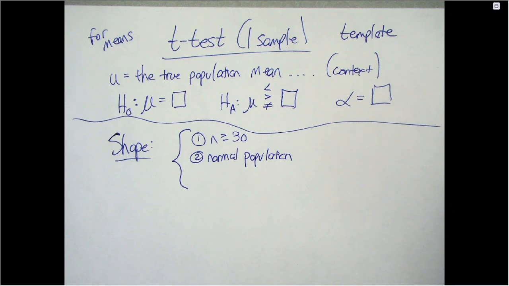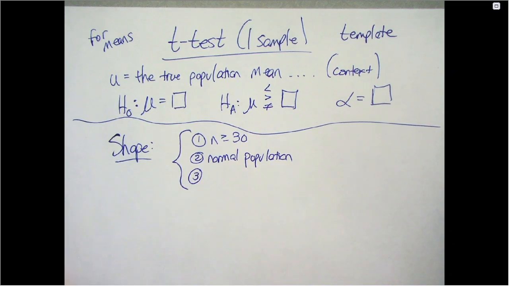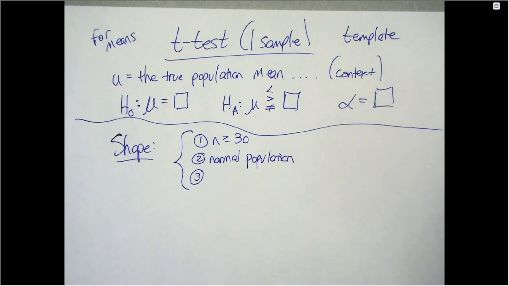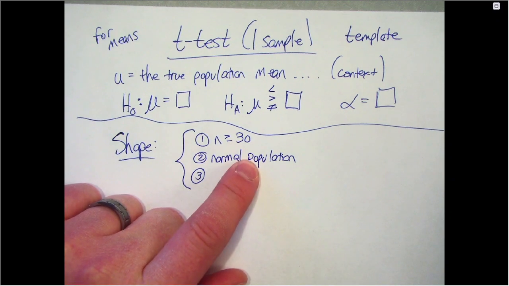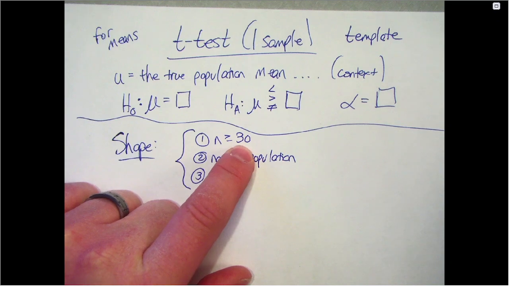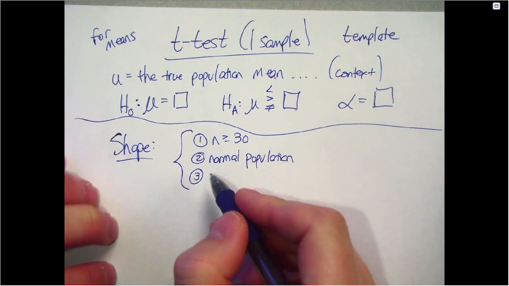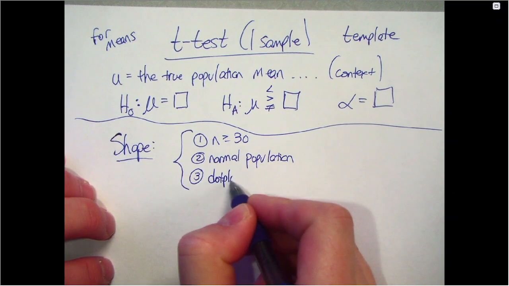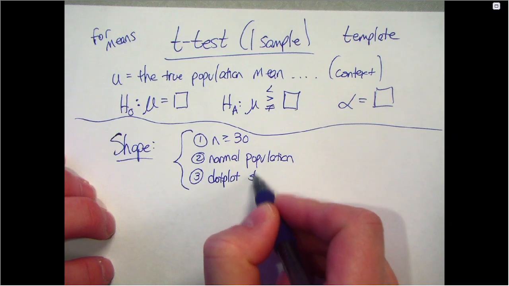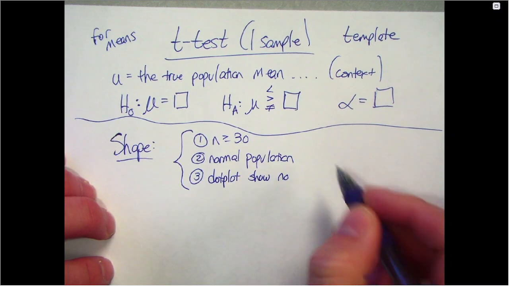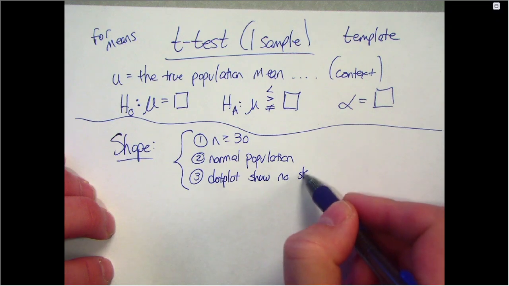Every now and then there's this other situation they'll give you which is the most annoying for you because it makes you do extra work. If it doesn't tell you it's a normal population and you have a small n, say it's like 10, you have to do a dot plot. And the dot plot has to show no skew or outliers.